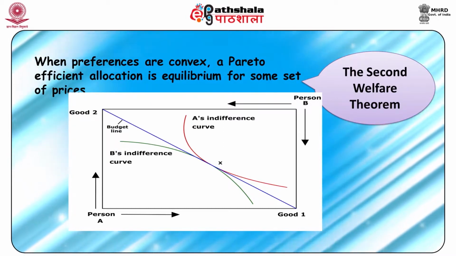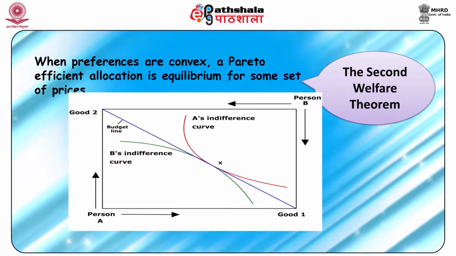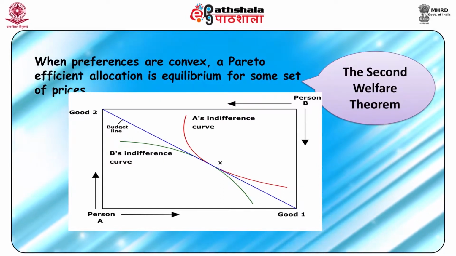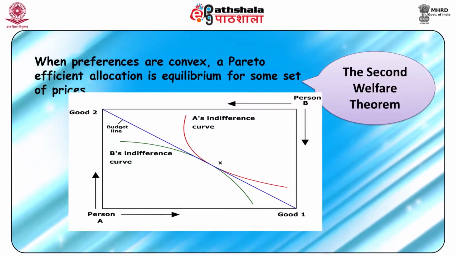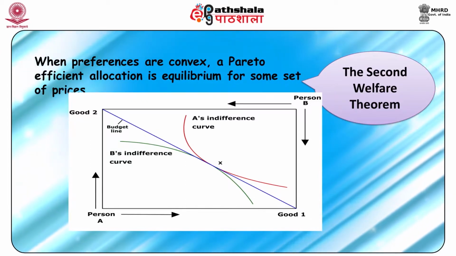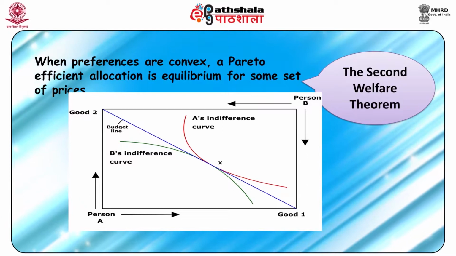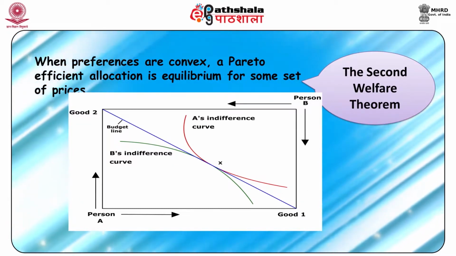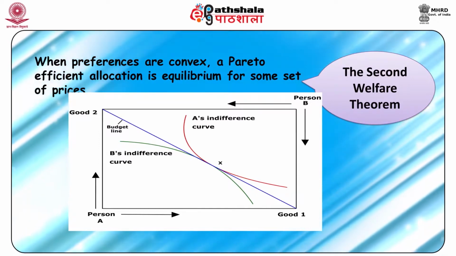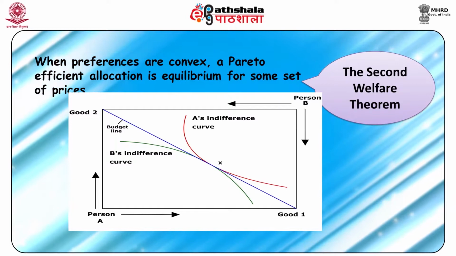Consider that at a Pareto efficient allocation, the set of allocations A prefers is disjoint from the set that B prefers. This implies that the two indifference curves are tangent at the Pareto efficient allocation, that is point X. Let us draw a straight line that is their common tangent.